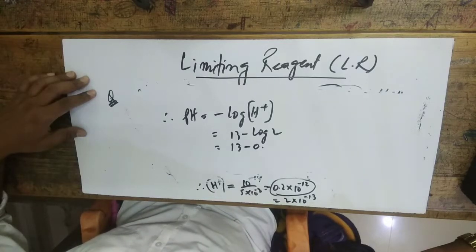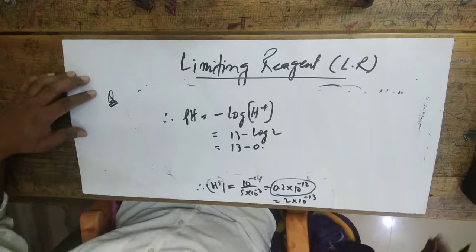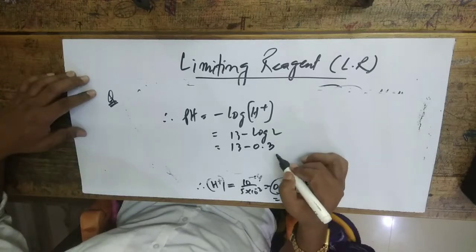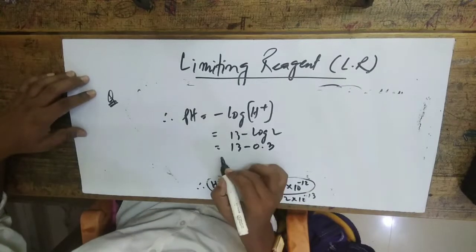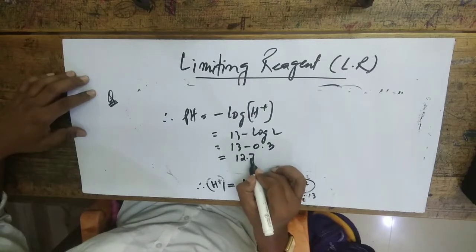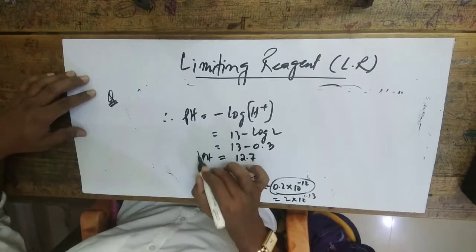What is the value of log 2? 0.301 exactly, but I'm writing 0.3 only. This is equal to 12.7. This is the pH of the solution.